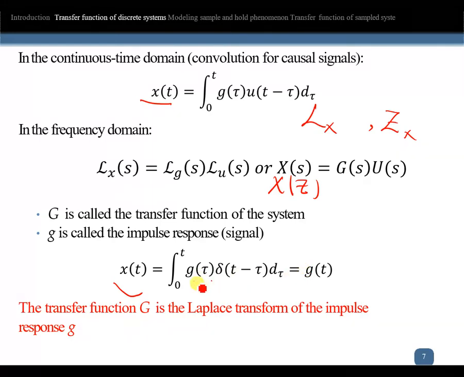As you remember, any signal multiplied by the Dirac gives an answer about g(tau). The transfer function G is the Laplace transformation of the impulse response g.